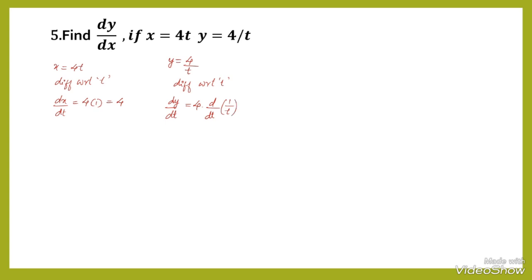Here I can write 1 by t as t to the power minus 1, taking t to the numerator. Again I am using the formula: differentiation of x to the power n with respect to x is n into x to the power n minus 1. Here I take differentiation with respect to t.